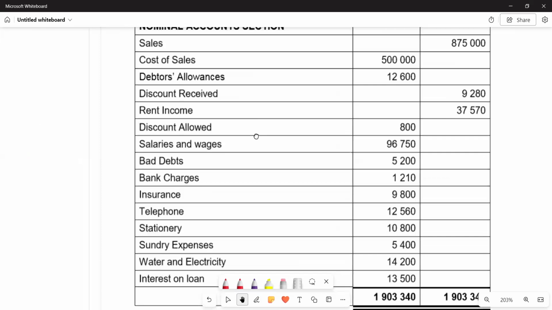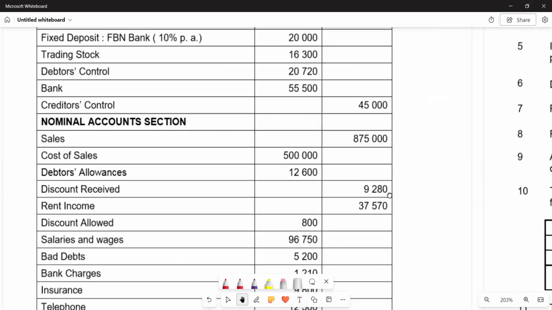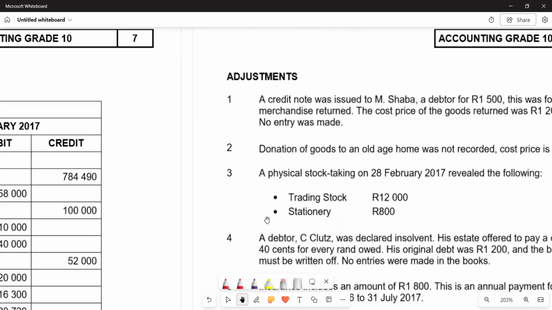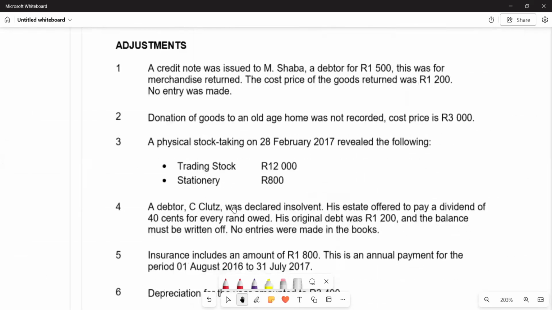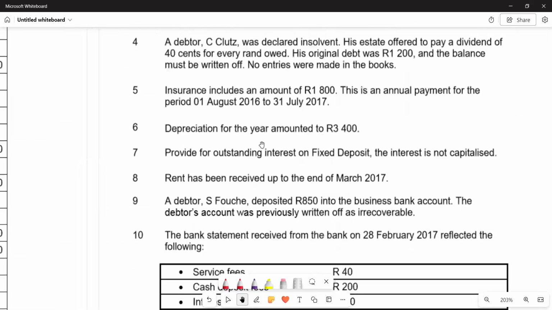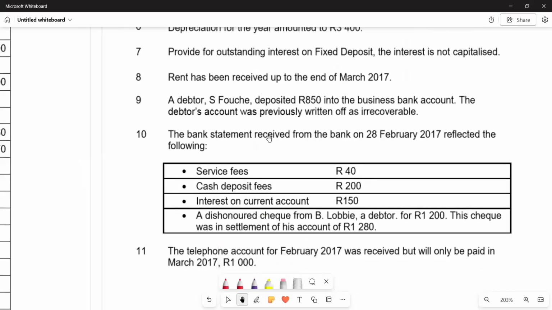This is for information, and you'll see that we are also given additional information on the next page. So this is the additional information that we have here, ranging from additional information number 1 going down. You need to go through this information before you start to answer the question.